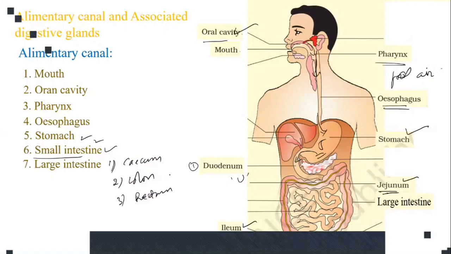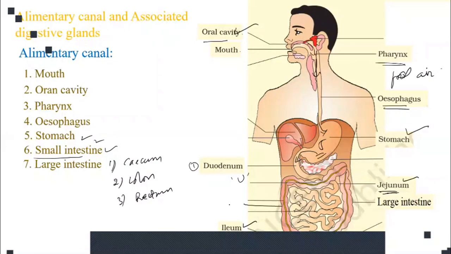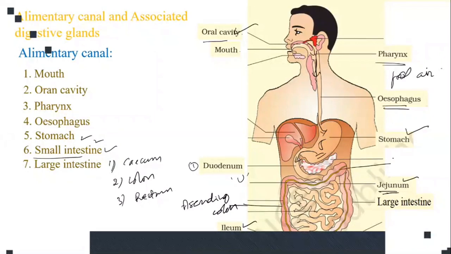If you take the colon, the colon has four parts. One is called the ascending colon, the second is called the transverse colon, and this one is called the descending colon.